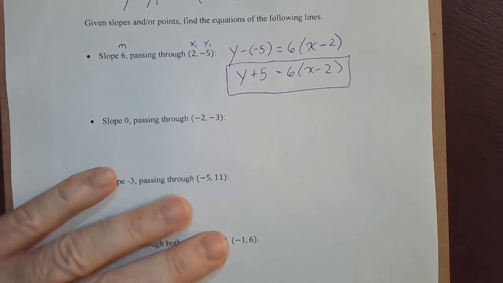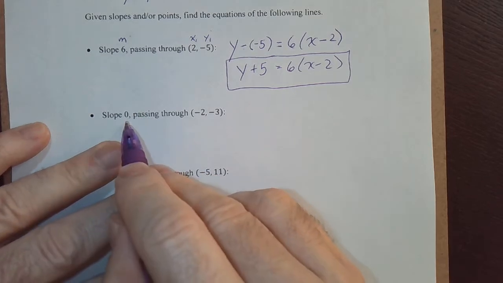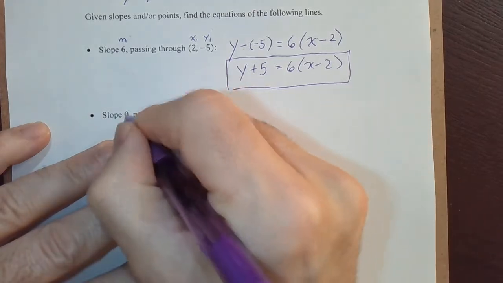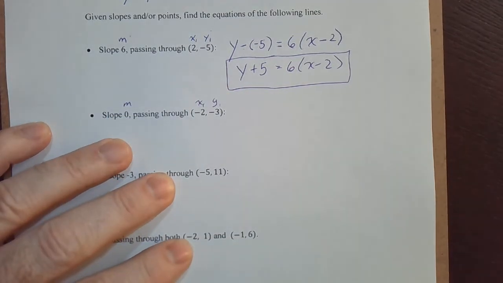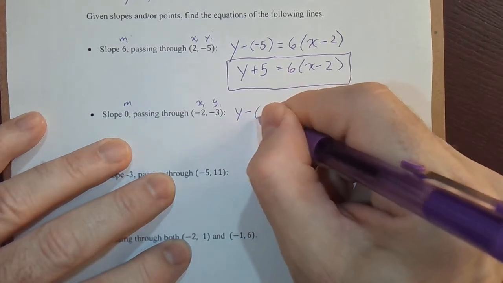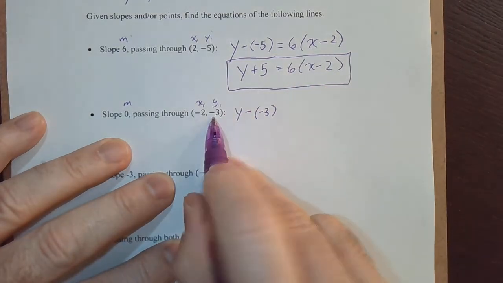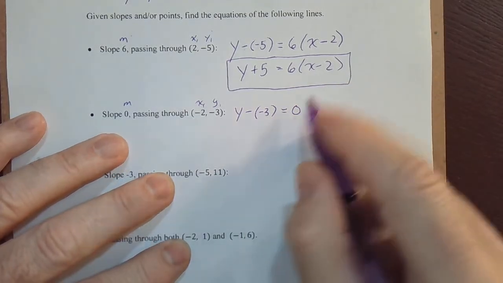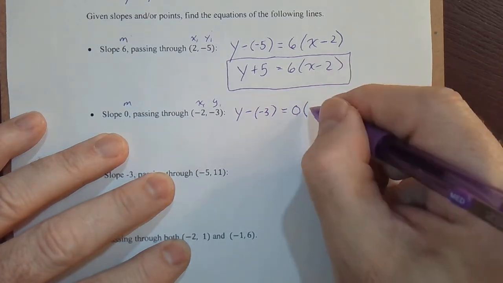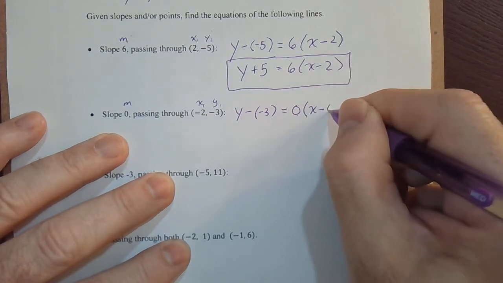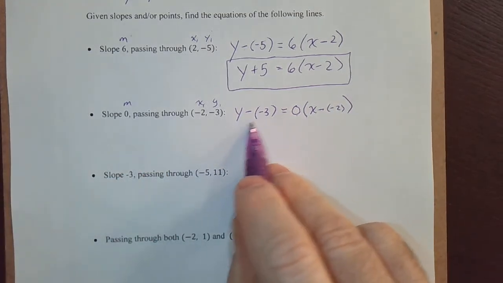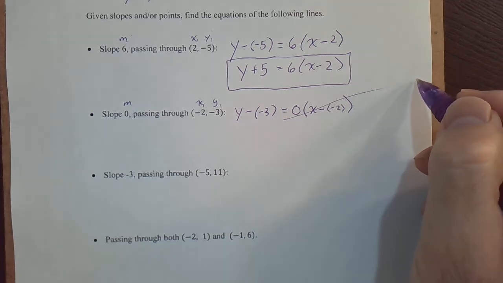Let's do another. Slope of 0 passing through this point. So there we have x1, y1, and the slope m is 0. So we'll take y minus y1, which is negative 3, equals m, and I really don't need to do much more than that because m is 0, but I'll go ahead and write x minus negative 2, which is really x plus 2, and this is really y plus 3, but that's 0.